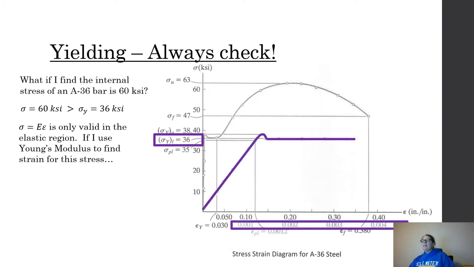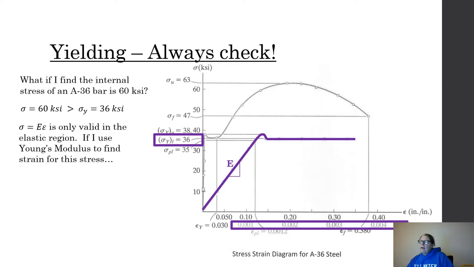Let me back up. If we look at the strains down here on the bottom, remember the bottom numbers are with the elastic curve. They're very, very tiny. In fact, they're a magnitude of 100 smaller than the strains that we would see if we look at the overall chart. The upper chart has these larger strains because that's actually a much bigger part of our graph.